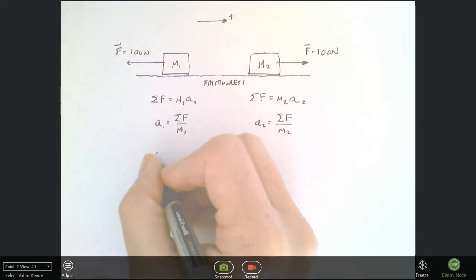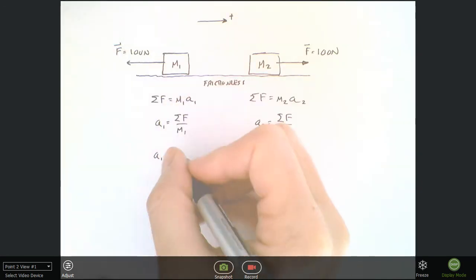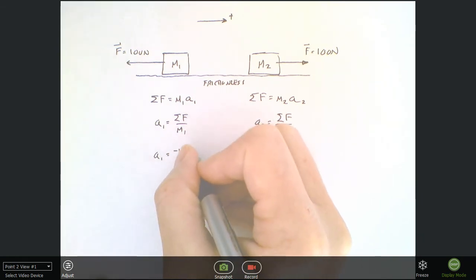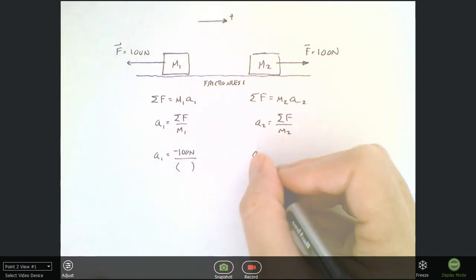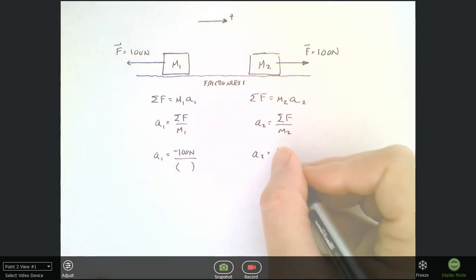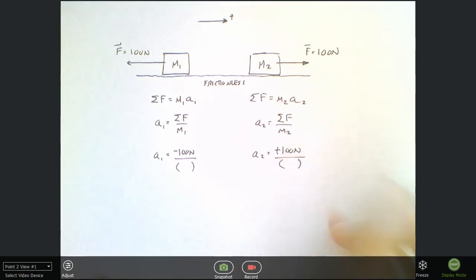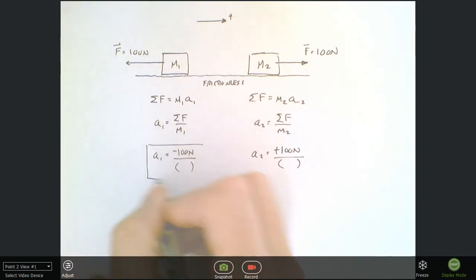Since F1 is in the opposite direction to the positive direction, acceleration 1 is negative 100 newtons over mass 1, and acceleration 2 is positive 100 newtons over mass 2. Now, this is the general situation.